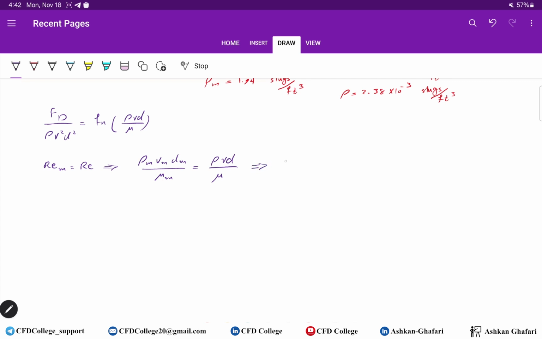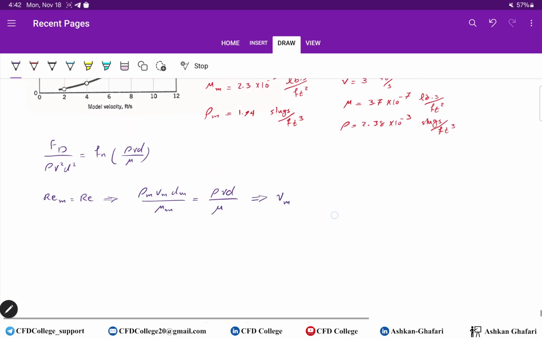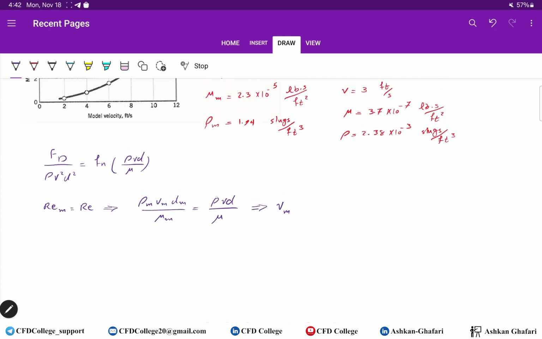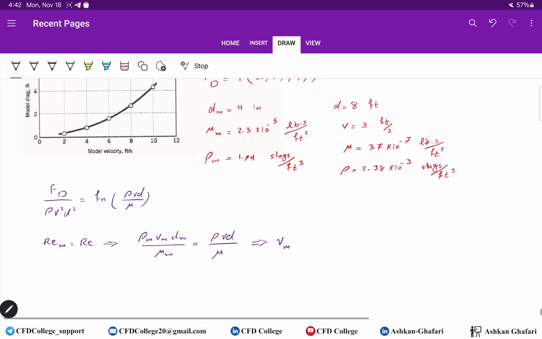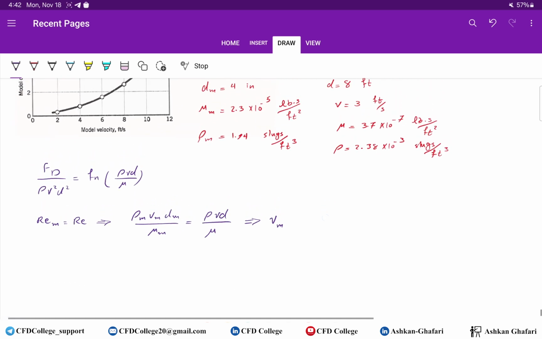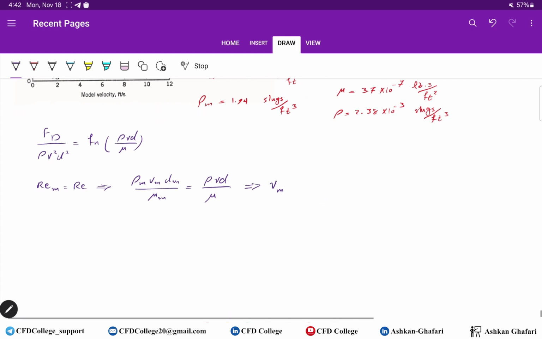Okay, so first we should find velocity, because we have density and viscosity for the model and the prototype, and we have the diameter for both, but we don't know the velocity for the model. So Vm equals mu m over mu times rho over rho m times d over dm times velocity.